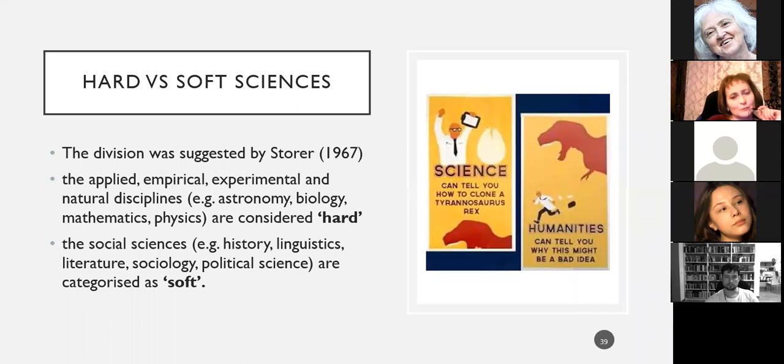So as you probably know, hard sciences are applied in empirical, experimental, and natural disciplines like astronomy, biology, mathematics, and physics, while the soft sciences are the social sciences like history, linguistics, literature, political science, and so on.